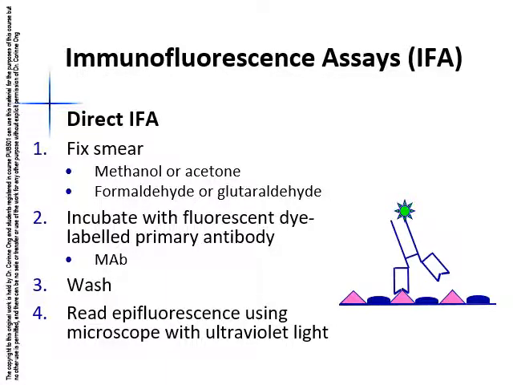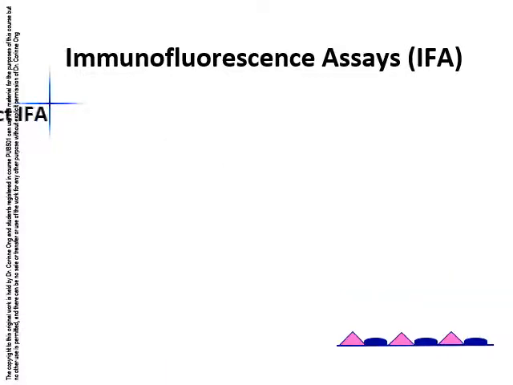The monoclonal antibody is labeled with a fluorescent dye, so if the antigen is present and the antibody binds to it, it can be easily seen under ultraviolet light illumination. The method is usually very sensitive, as bright green glowing fluorescent microbes can usually be seen clearly against a dark black background, especially if the washes are done thoroughly.